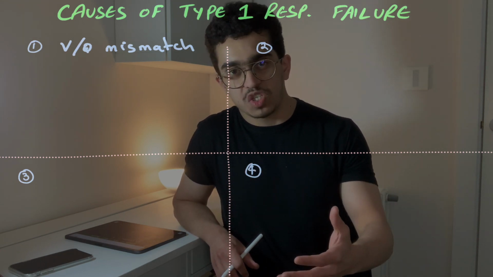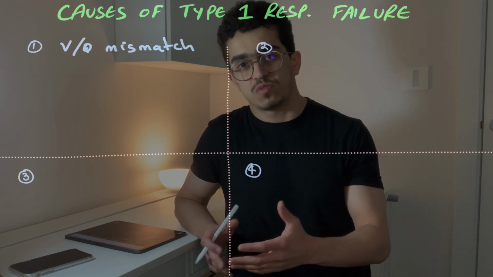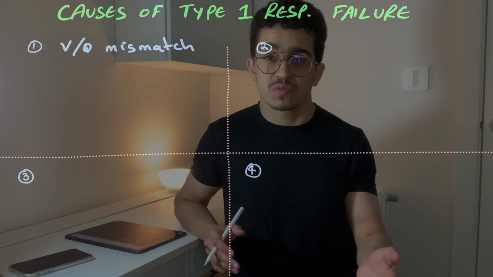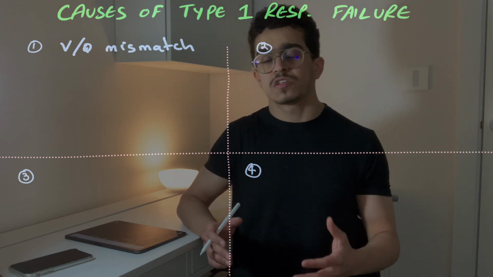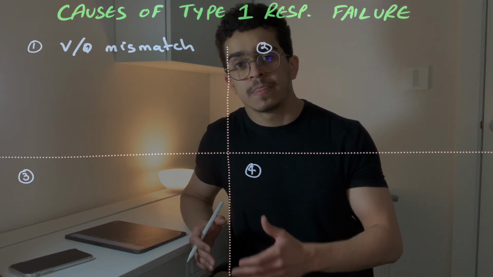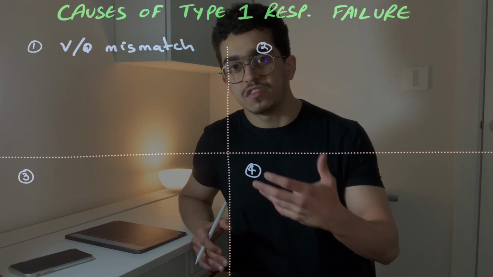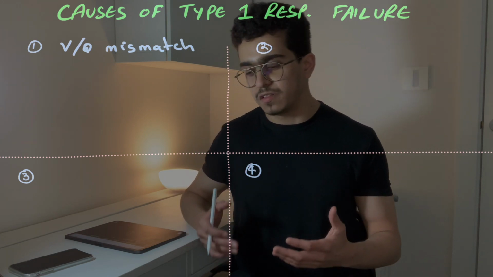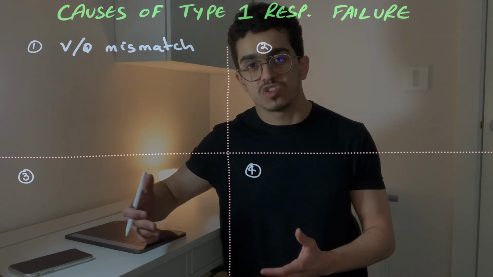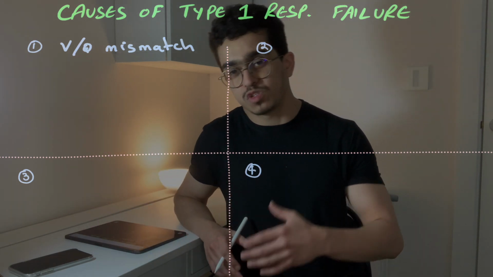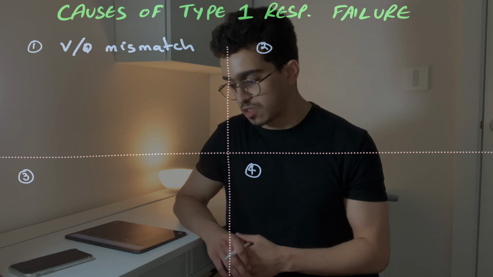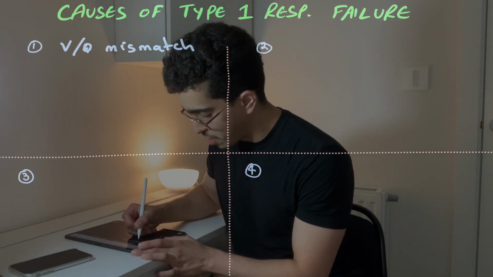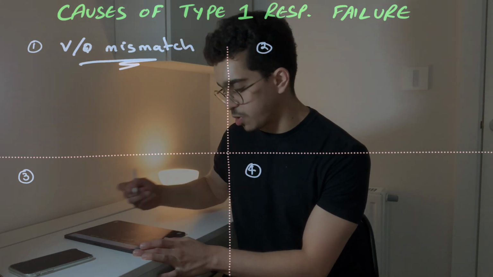A low VQ mismatch can occur in diseases such as asthma or COPD. These are obstructive diseases, so the ventilation is much poorer relative to the perfusion. So overall, if there's a VQ mismatch, there's going to be hypoxia.